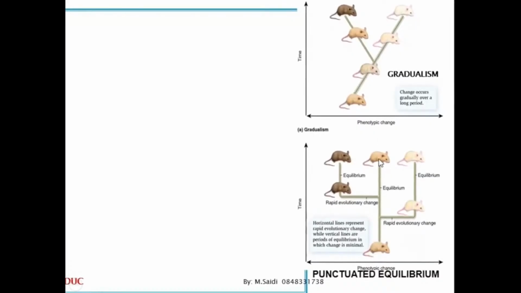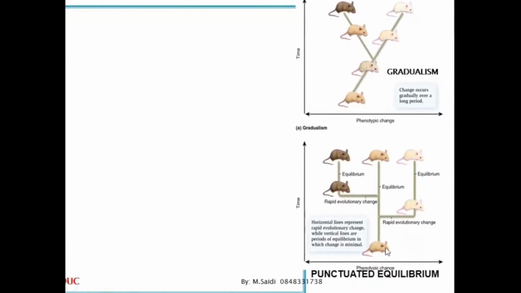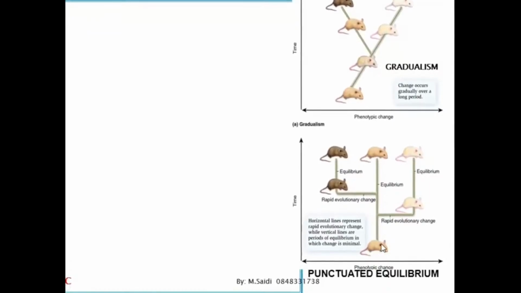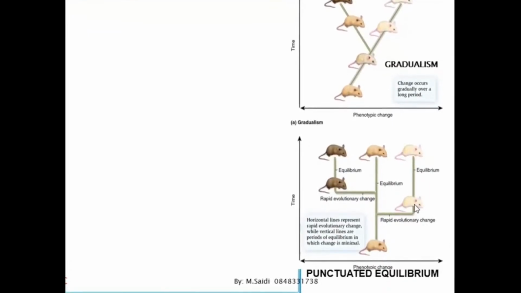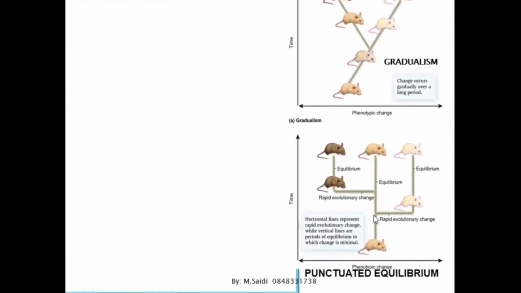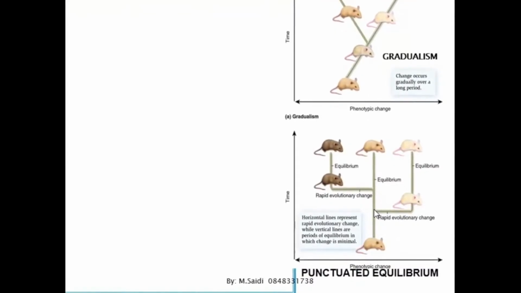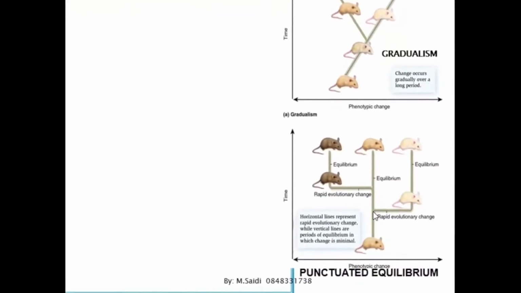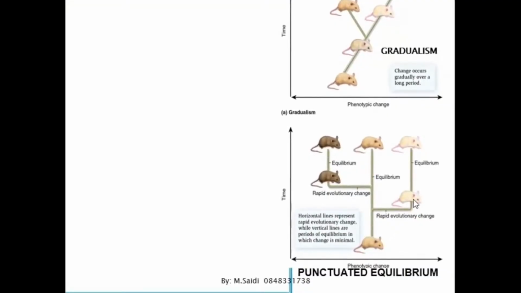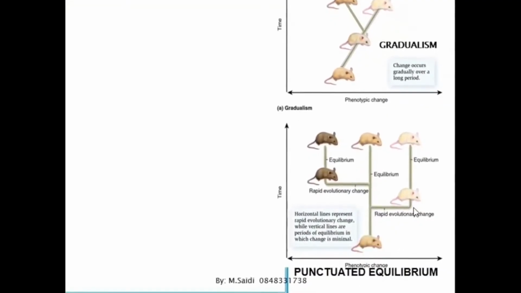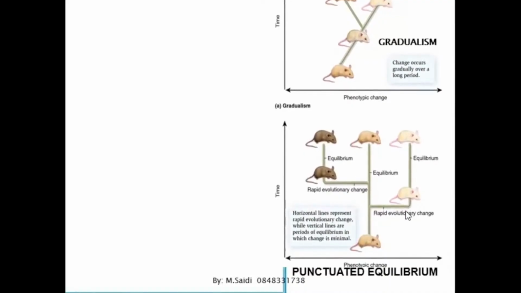While in punctuated equilibrium, you see that the rat started from here. It's the same as this. So it stays the same for a long period of time. But this rat is the same one which gave rise to this. When it reached here, suddenly, within a short period of time, it changed from this color to this color, immediately, without a long period of time.